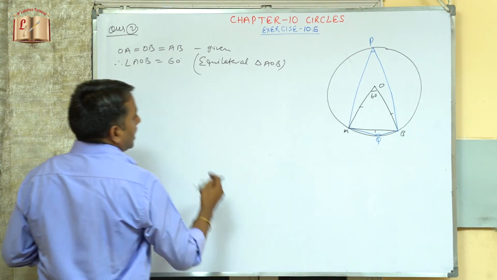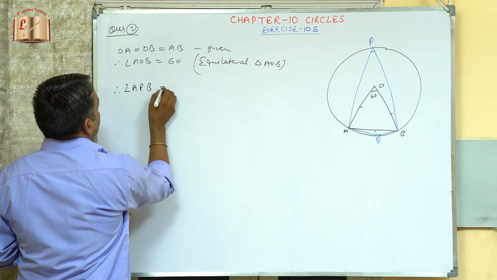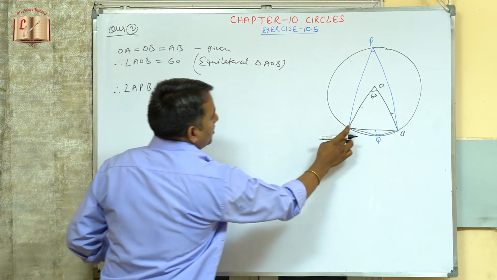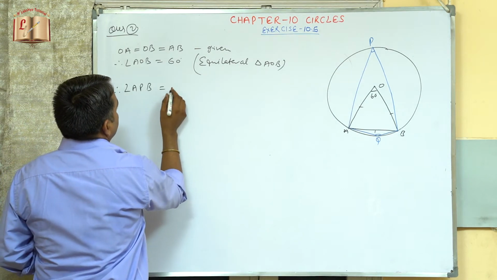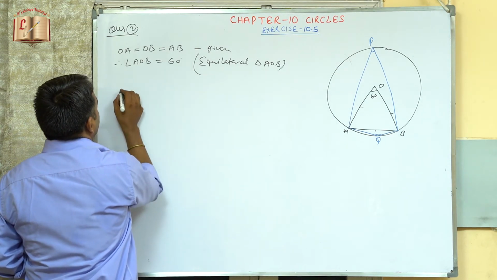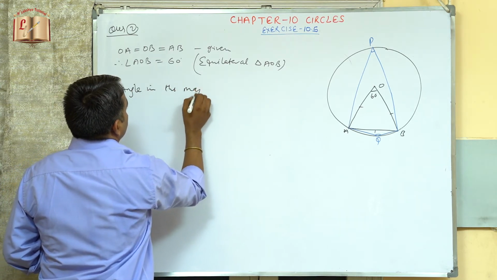So now angle APB is the angle in the major arc.